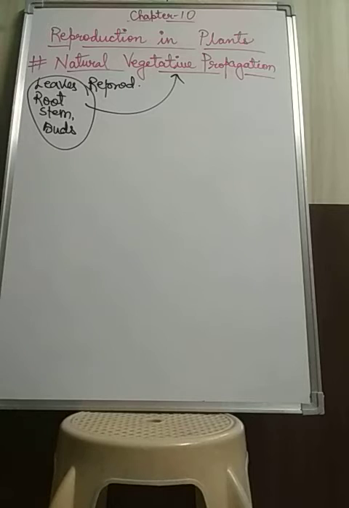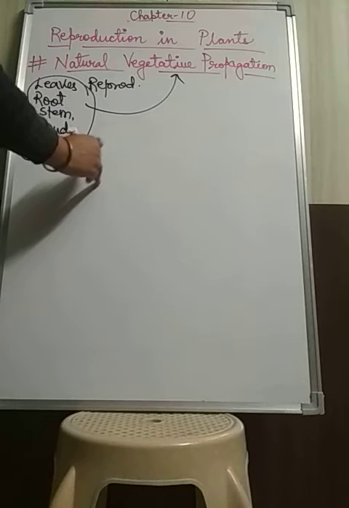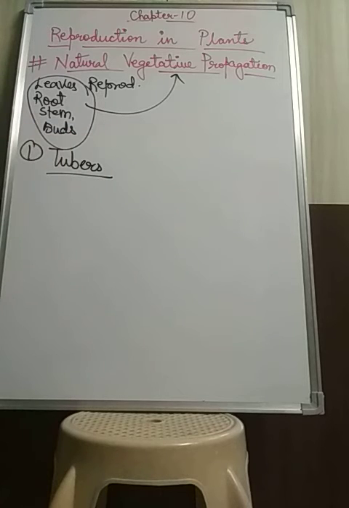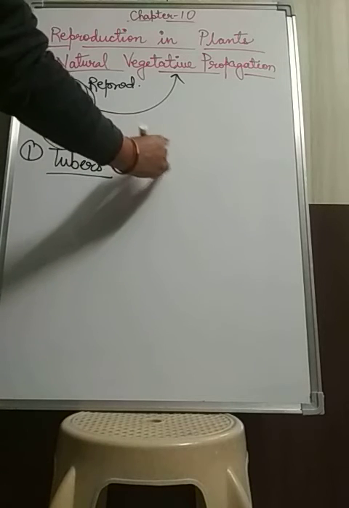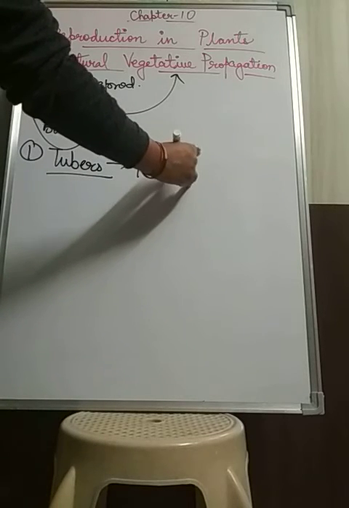So there are some structures which are involved in vegetative propagation, in which the first one is tubers. Tubers are fleshy, enlarged underground stem structures which store food. The most common example of tubers is the potato.